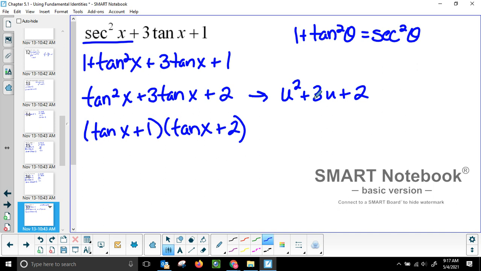This, of course, would just be u plus 1, u plus 2. So whenever you have that case where your trig function that's being squared is different than your first degree trig function, you're always going to use a Pythagorean identity. Okay, always.